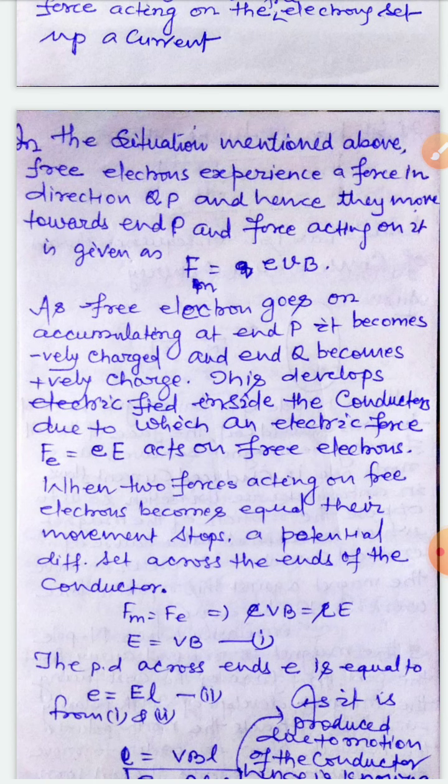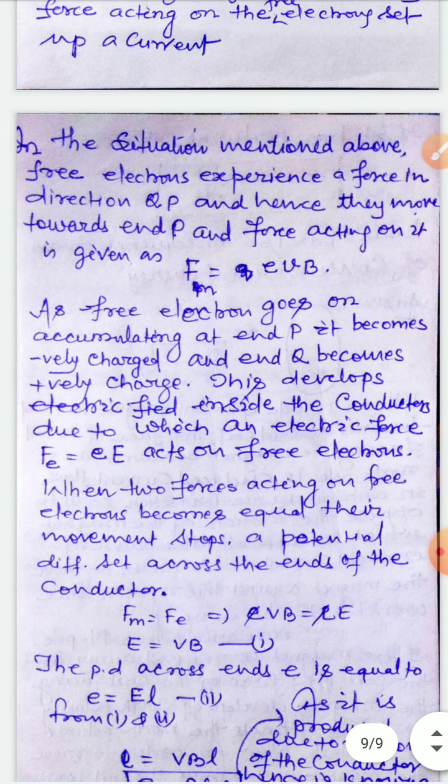When this electric force acting on the free electron becomes equal to the magnetic force, the movement of free electrons inside the conductor from end Q to P will stop, and a constant potential difference is set up across the ends of the conductor.